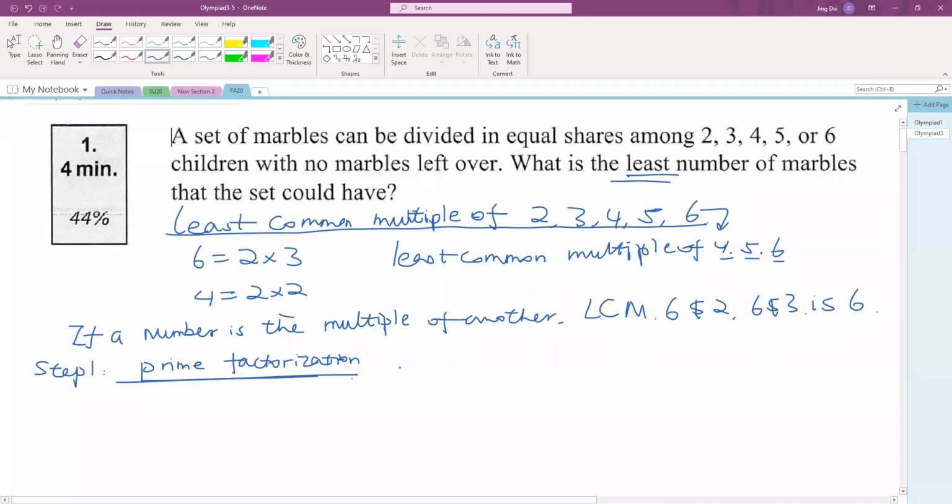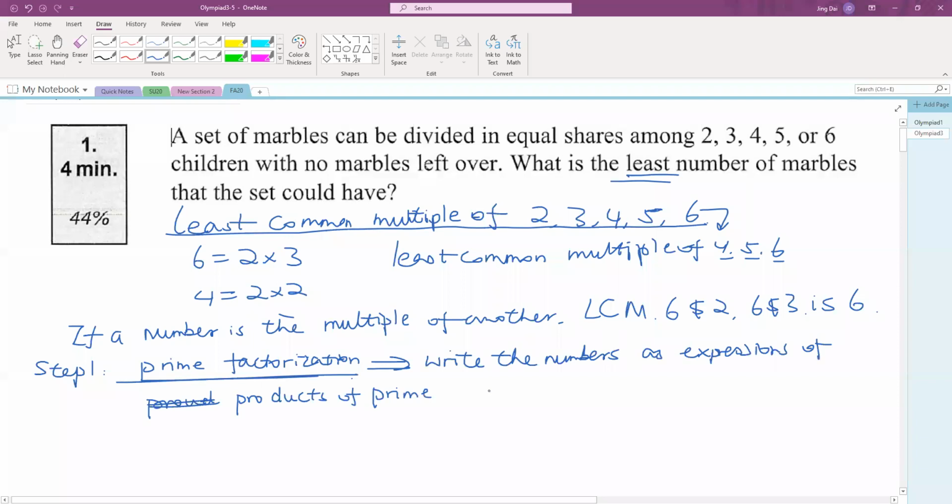All we need to know is that we need to, let me just write it in plain language, write the numbers as expressions of products of prime numbers. Okay, so that's all we need to do for the first step.